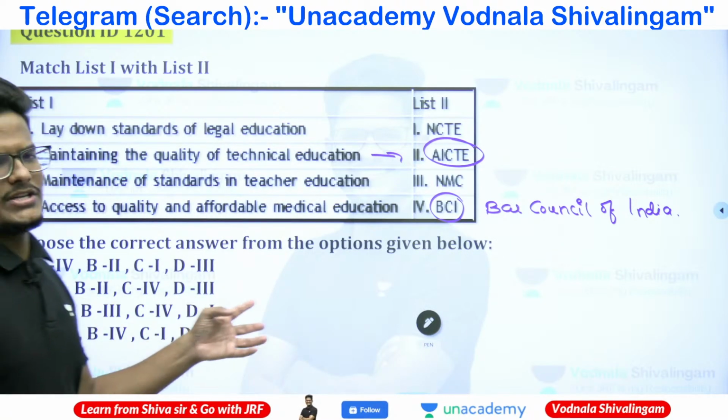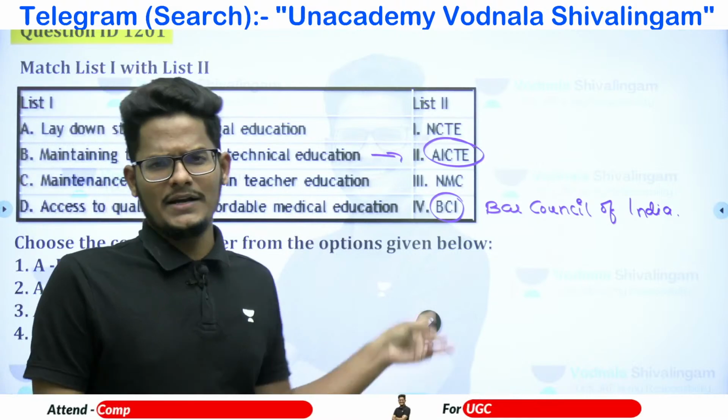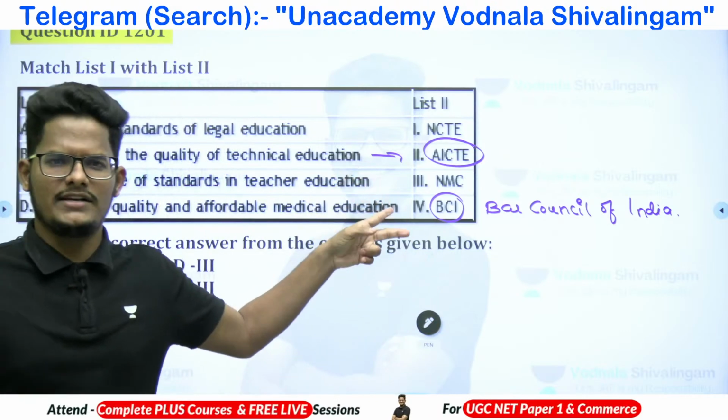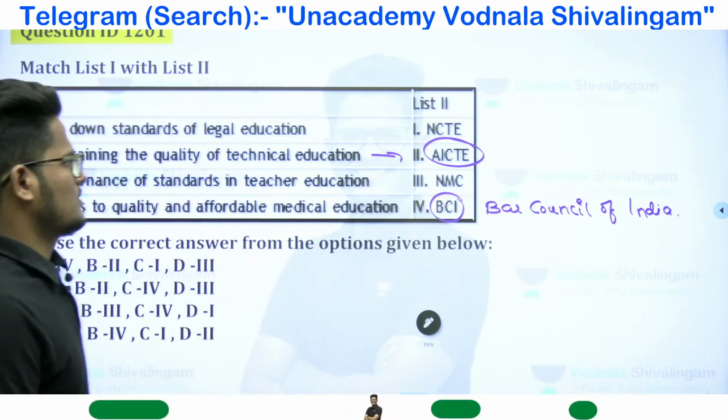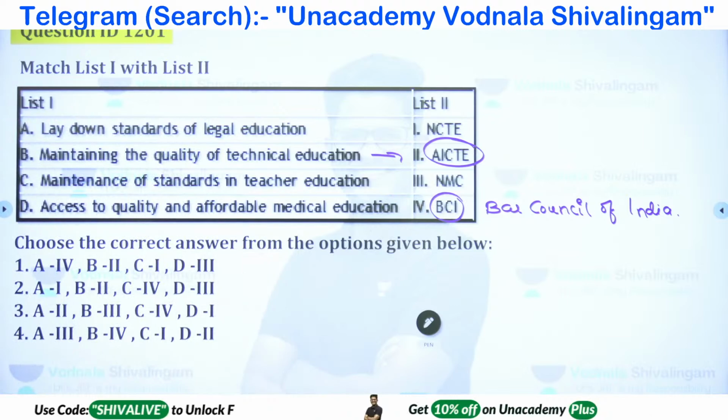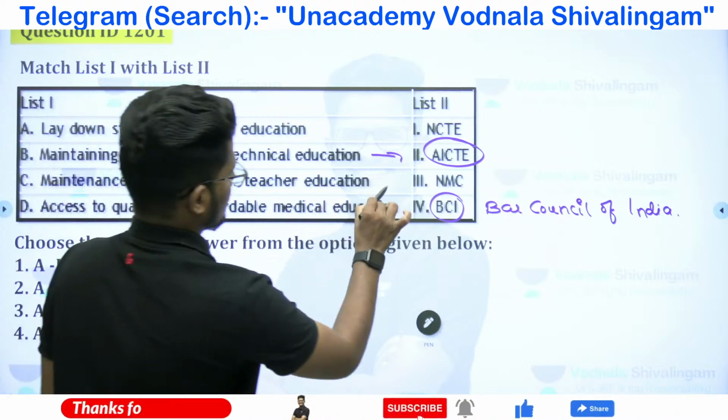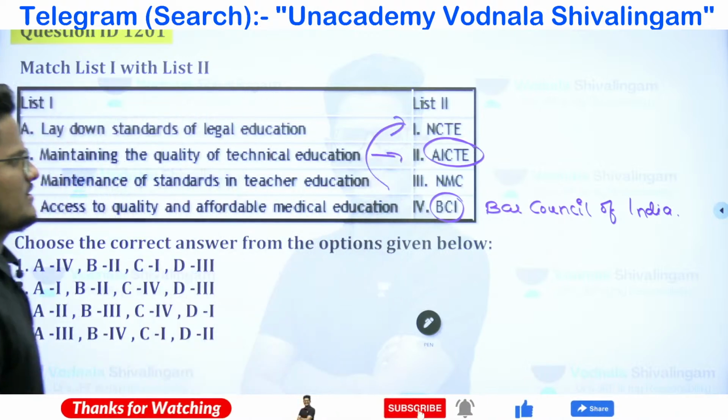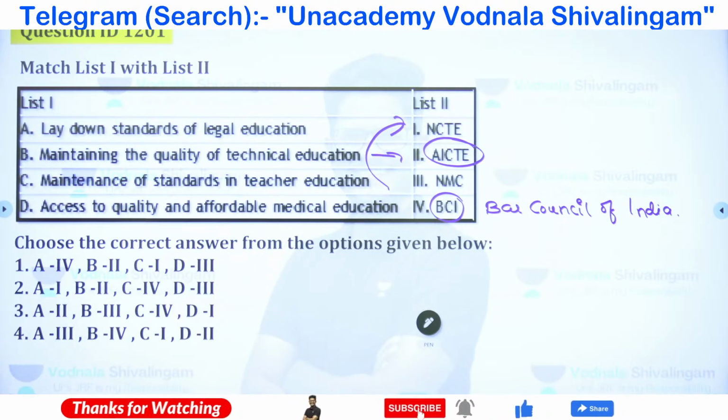Not only technical education, pharma as well as management, everything will be taken care of by the AICTE. Even some other agencies also come under this one. Maintenance of standards of teacher education: National Council for Teacher Education, NCTE, 1993 and 1995.